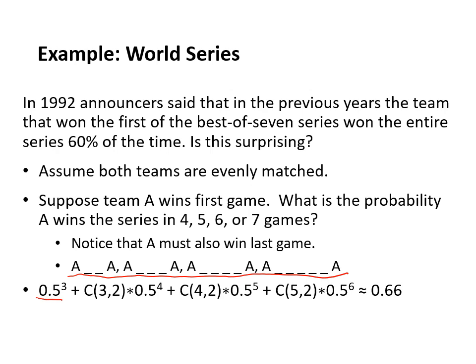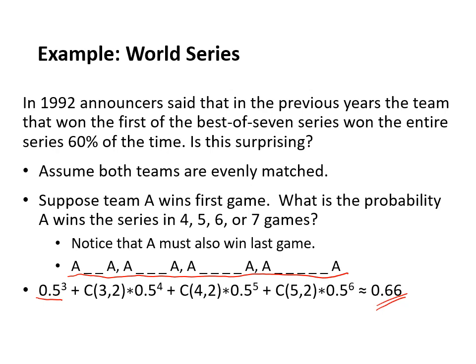The probability of the second one is choose 3,2 because we have to place 2 A's in these 3 slots, times 0.5 to the power of 4. Then the third one and the fourth one we compute in a similar fashion, and we get the final probability to be 0.66.